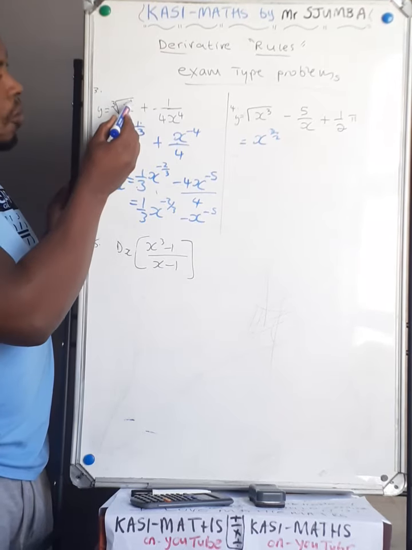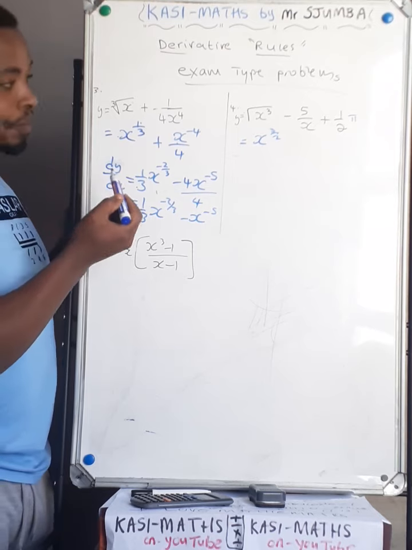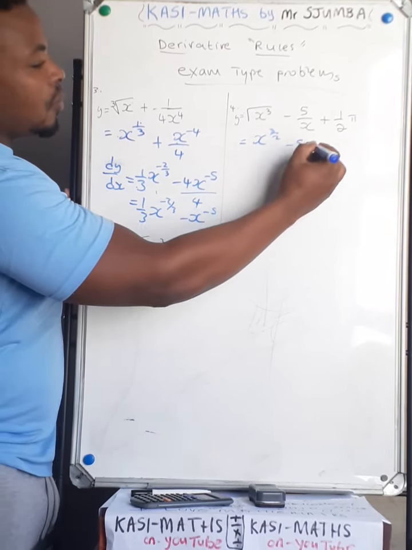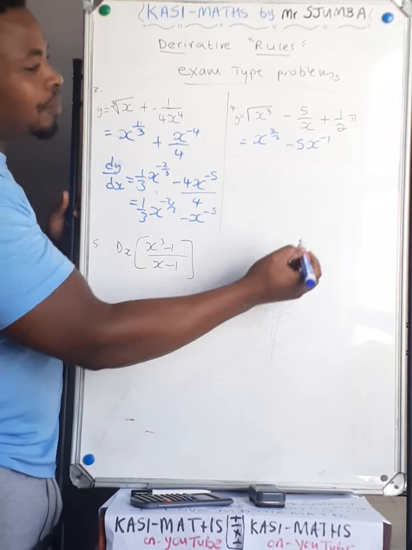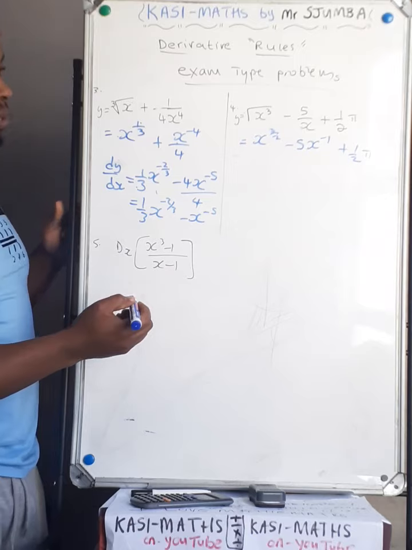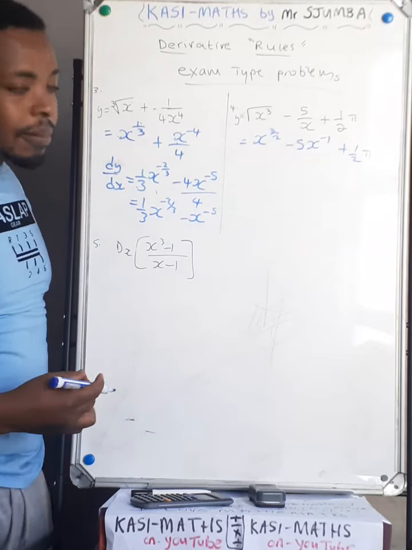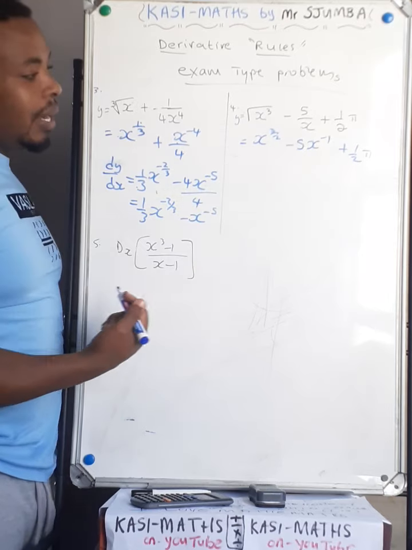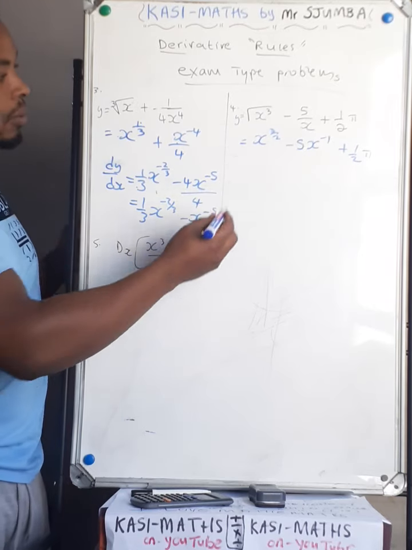Then here it's going to be minus 5, x goes up and becomes x raised by minus 1. Here 1 over 2 pi stays as it is. So we have terms, we don't have a root, and x is not in the denominator.